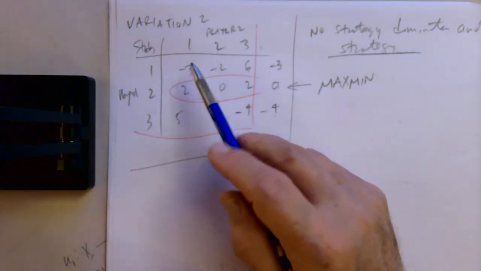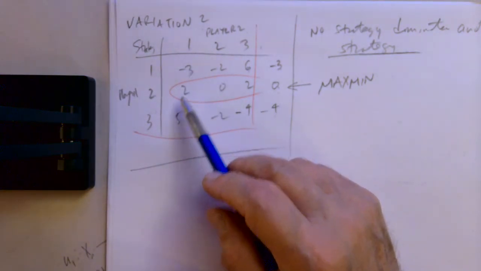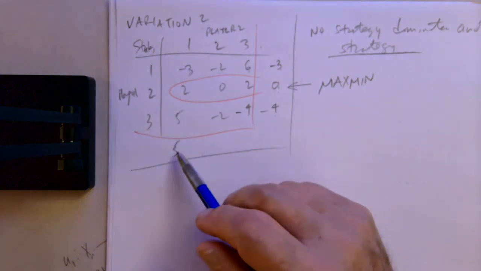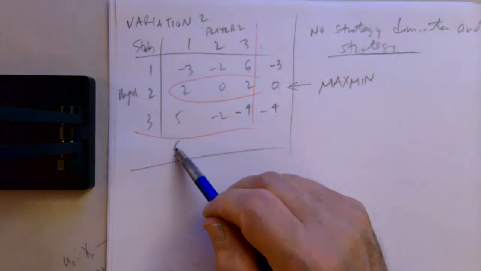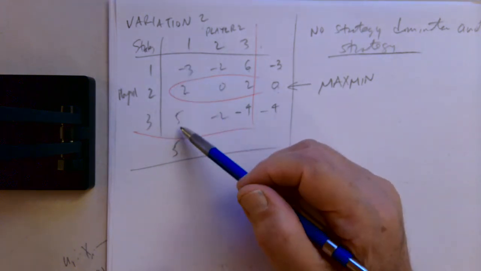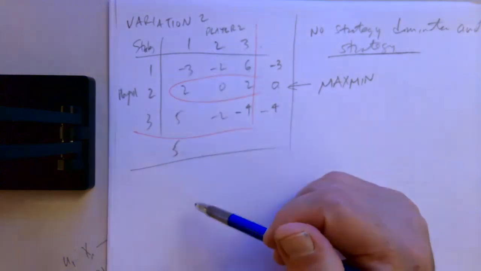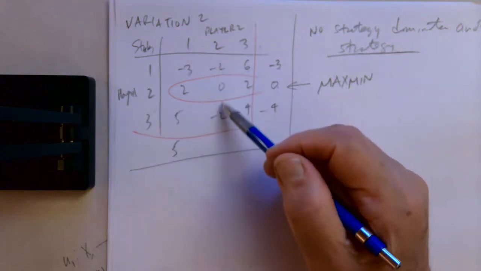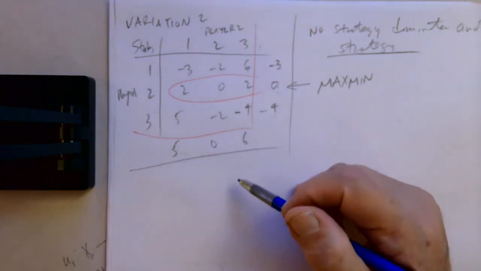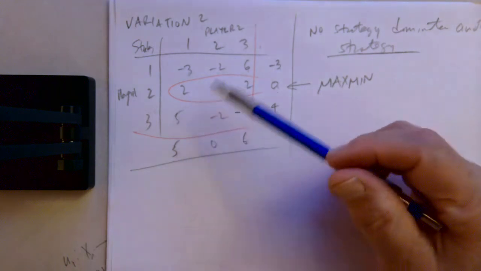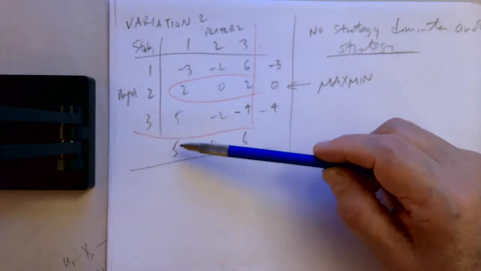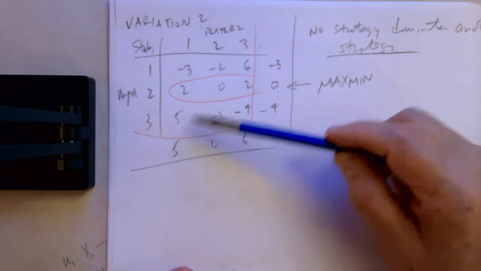He can win 3,000, lose 2,000, lose 5,000. The worst he can do is lose 5,000. That is, you choose the maximum number, which gives the worst outcome for player 2. Here, the maximum number is 0. Here, the maximum number is 6.